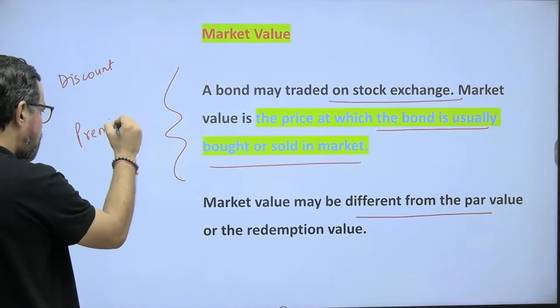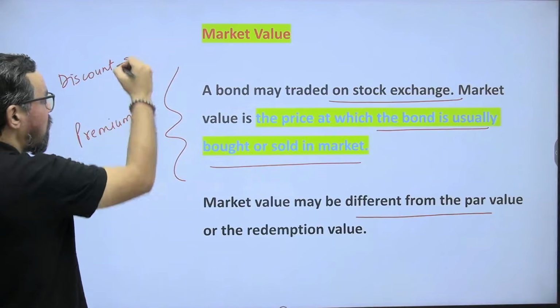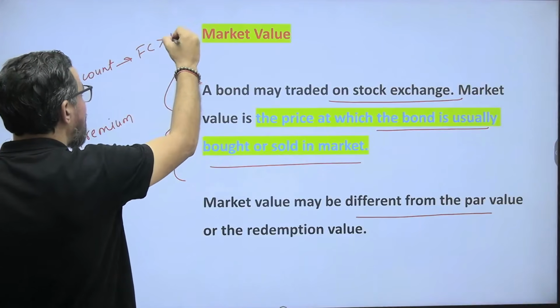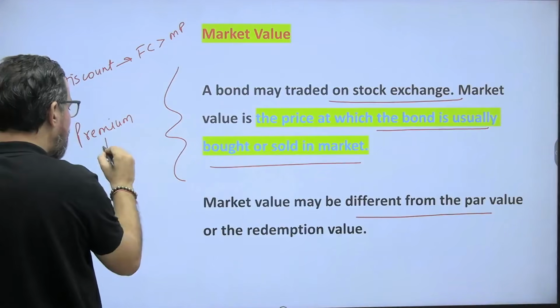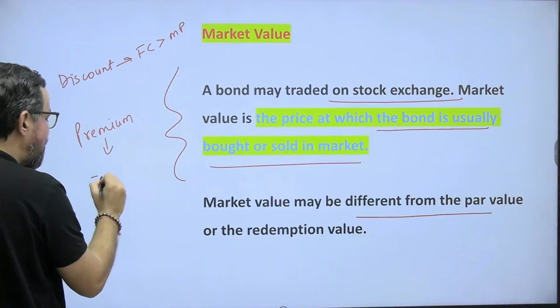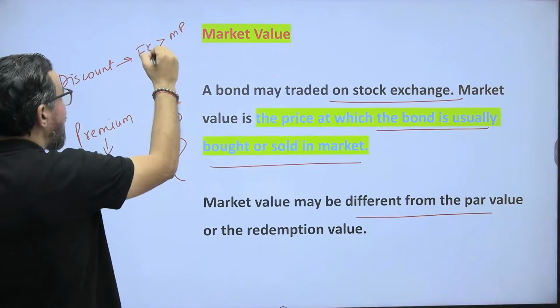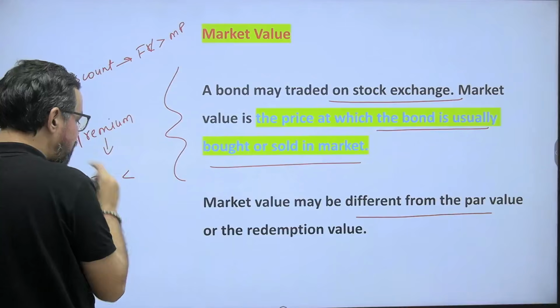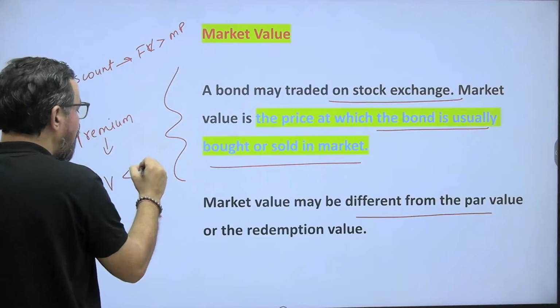What will be the case of discount? When the face value is higher than your market price. And what will be the case of premium? When the market price is higher than the face value.